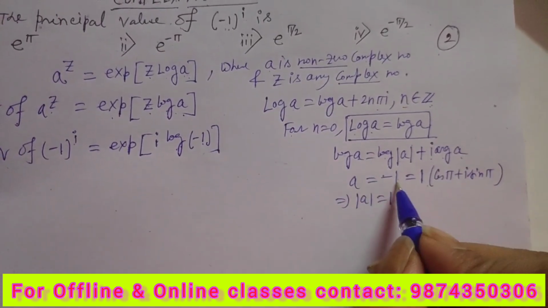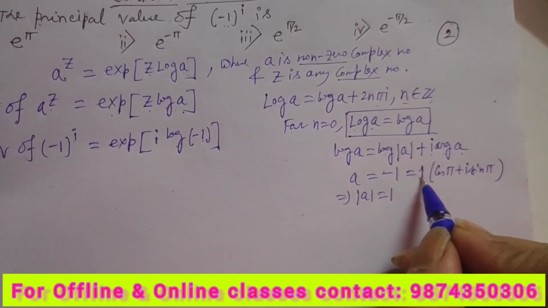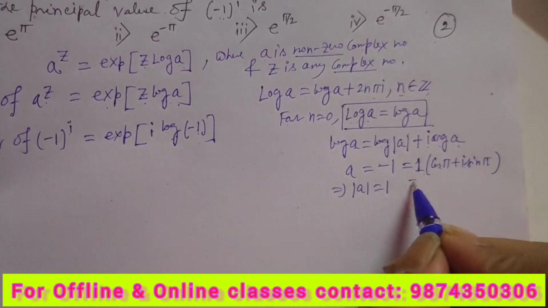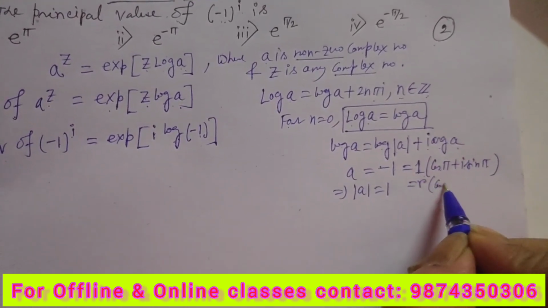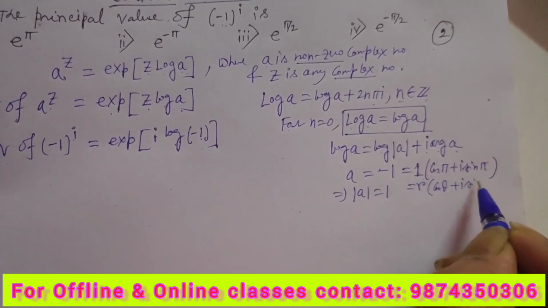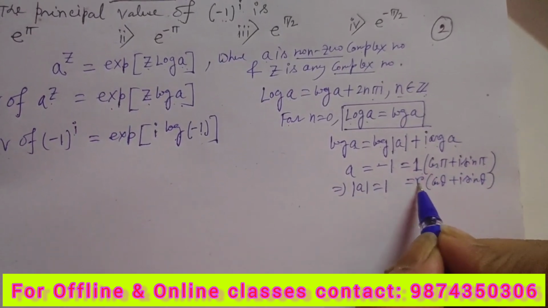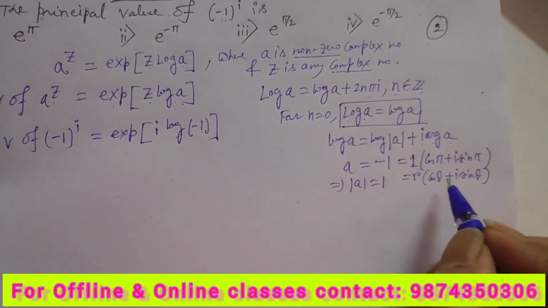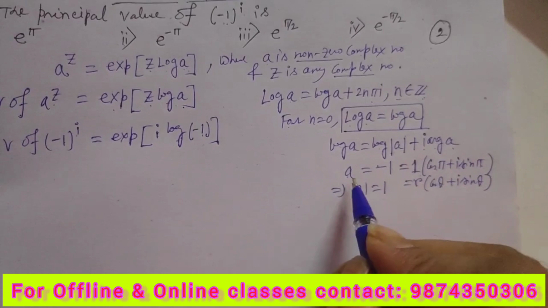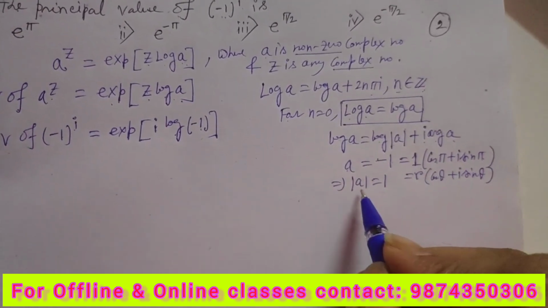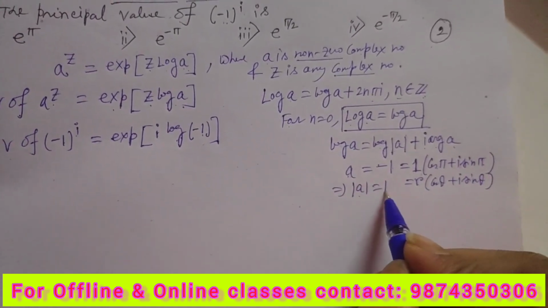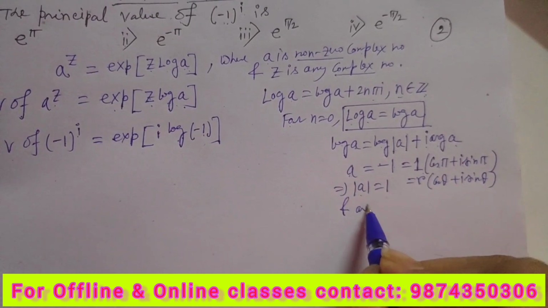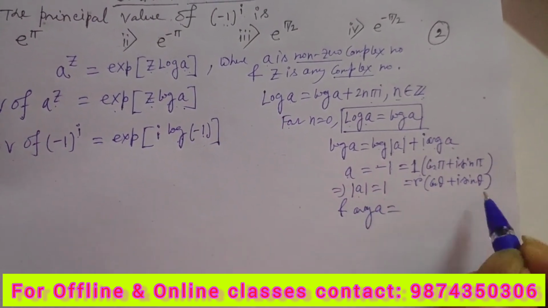So a equals -1 means 1 times (cos π + i sin π). So this is of the form r(cos θ + i sin θ), where r is the modulus of the complex number and θ is the amplitude or argument of the complex number. So the modulus of a is 1 and the argument of a is equal to π.